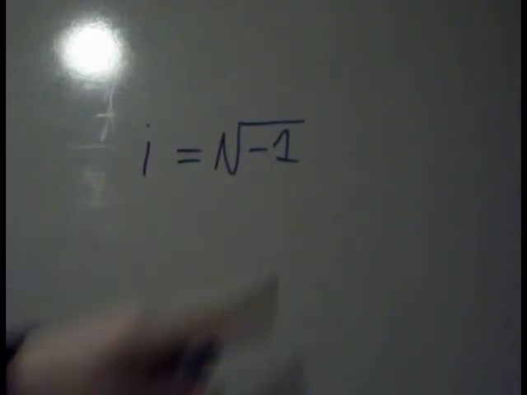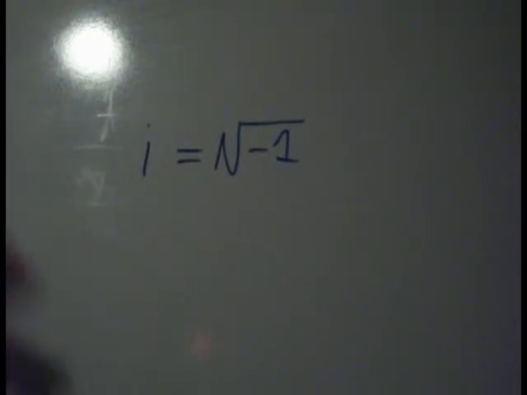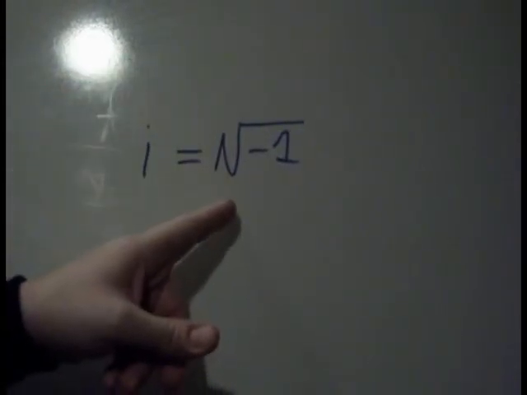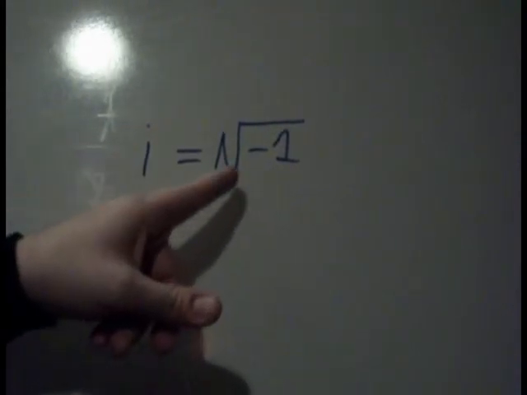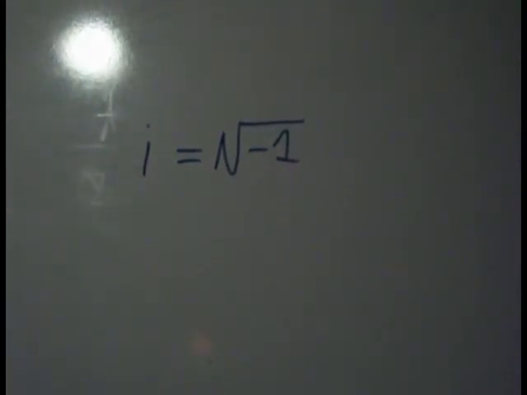Why is i the square root of -1? Well, the main reason for this is that there is no answer to this problem. If you take the square root of negative 1, no number times any other number will create negative 1. You can't take a number times another number and create negative 1. It doesn't work that way. Okay?